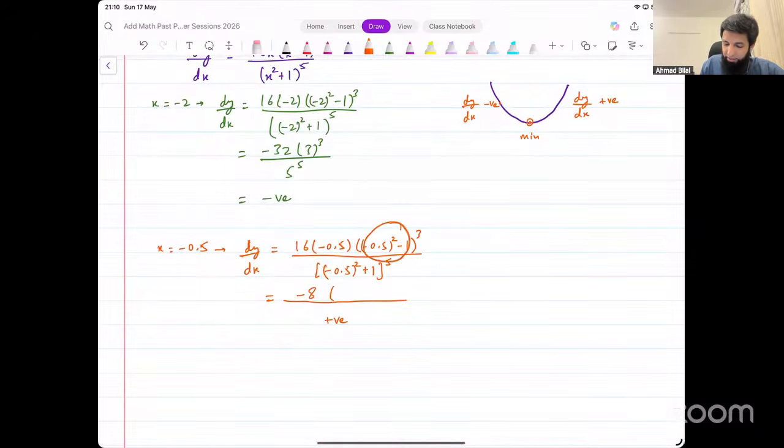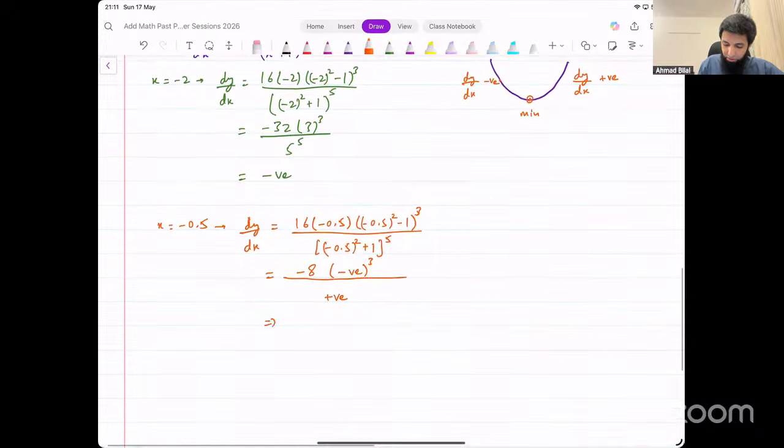What about inside the brackets? Inside the brackets, we have a negative number. Why? Because 0.5 squared is going to be less than 1. So 0.5 squared minus 1 is going to become a negative number, right? And then you take the cube of that, that's still negative. So we have a negative number outside and a negative number cubed here.